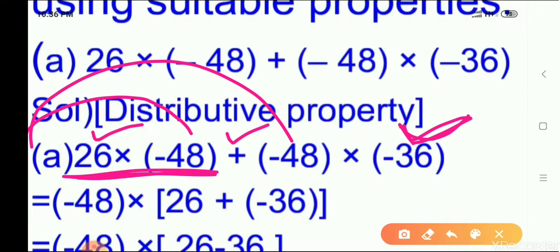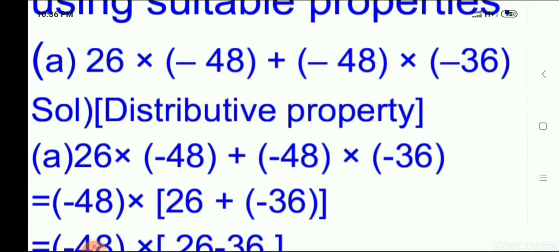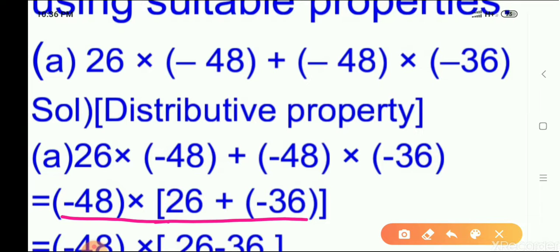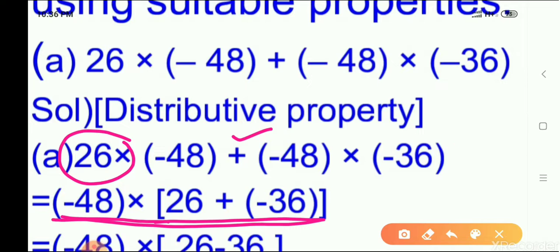So what will be the next step? The next step will be minus 48 into 26 plus minus 36, because after taking out minus 48, in the first part 26 is left and the plus sign, and in the second part minus 36 is left.